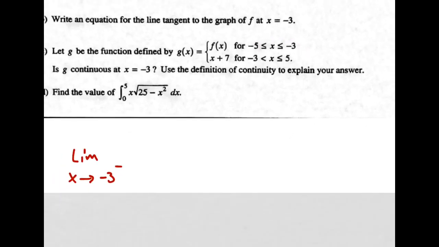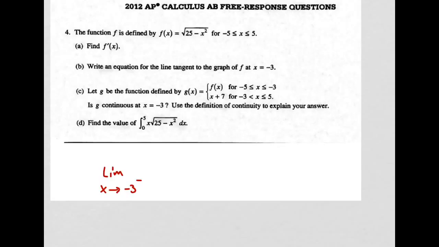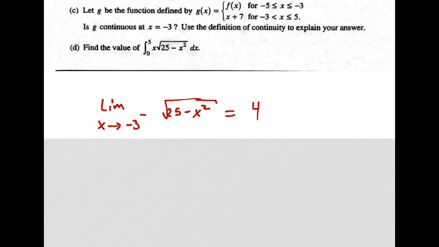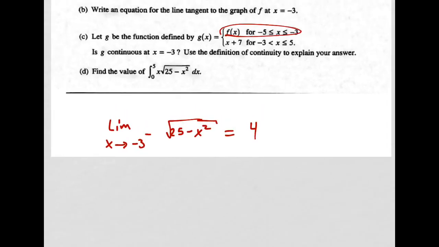So, okay, that's f of x. I'm going to be using this function, square root of 25 minus x squared. If I do direct substitution, don't I get 4, right? I did that already. Okay, cool. So for the limit as x approaches -3 from the left side, I have to use my f of x because this allows for plugging in -3 and smaller than -3.